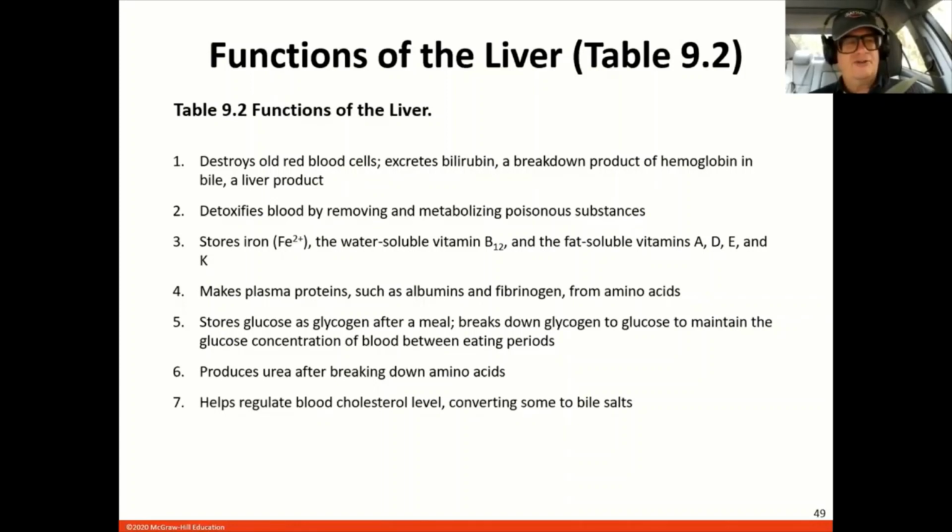The liver can destroy old red blood cells, and it excretes bilirubin, a breakdown product of hemoglobin, and bile, a liver product. I want to make it clear that you were already told, well, the spleen is where you break down old red blood cells. Yeah, that's true too.